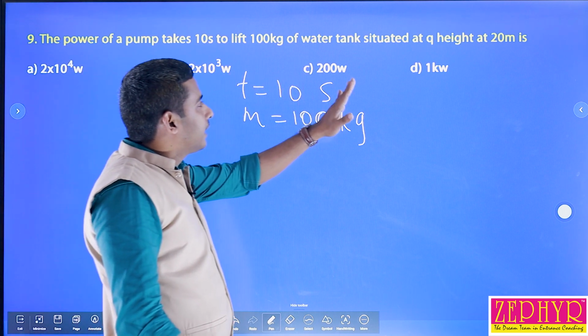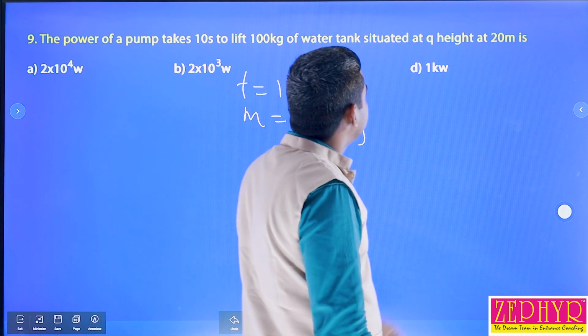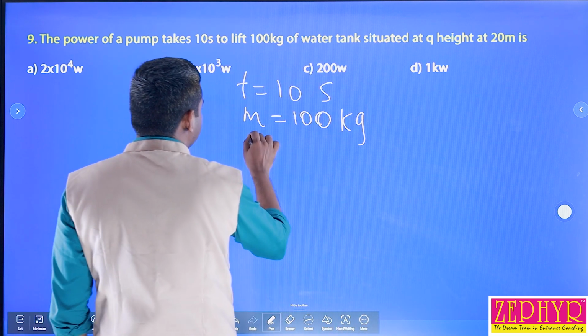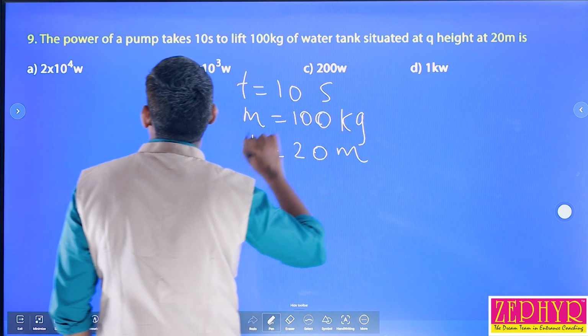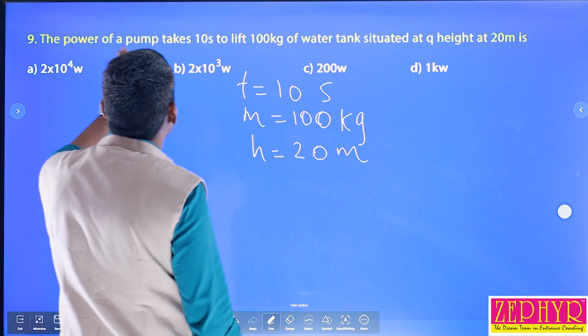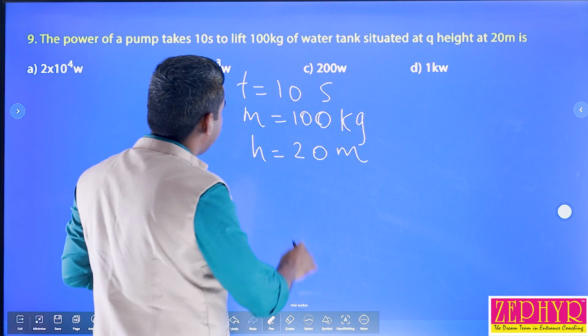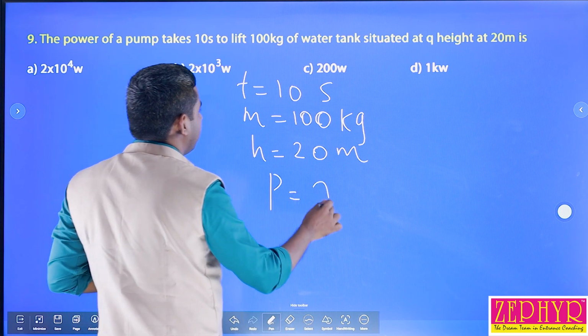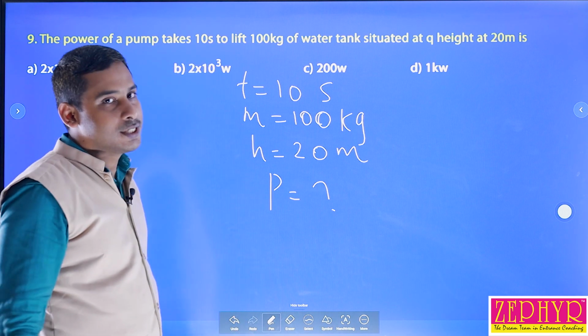Of water tank is situated at a height of 20 meter. So height equal to 20 meter. We have to find power. We have time, we have m, we have h. You have to calculate power.